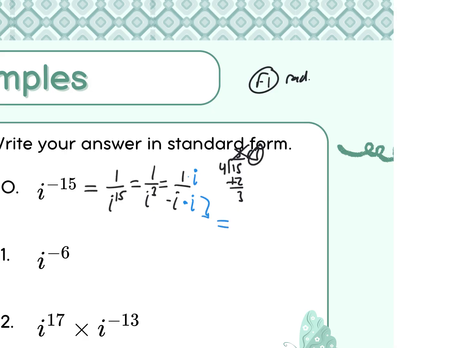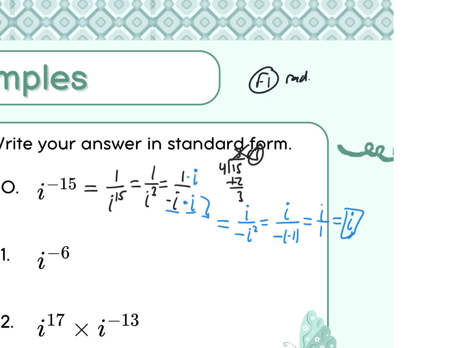Right, and this is going to get us on top 1 times i, which is i, and on the bottom negative i times i, which is negative i squared, all right, but i squared is negative 1, so I get i on top, negative negative 1, and negative negative 1 is just 1, so I get i over 1, which is just i.